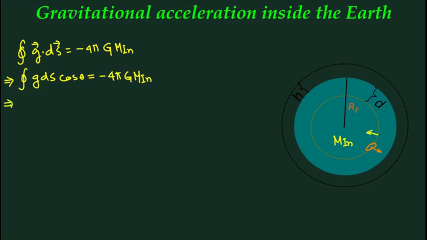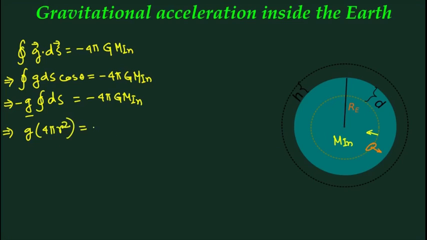So we will have minus g times the integral of ds equal to minus 4 pi G m inside. We pulled g outside of this integration because g is constant everywhere on the surface. So we will have g times 4 pi r square, because the area of the surface is 4 pi r square, where r is the radius of the surface.